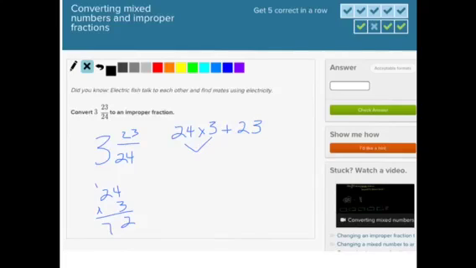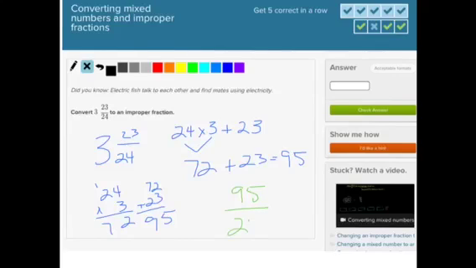That gives me 72. And then add 72 and 23: 5 and 9, 95, giving me a final answer of 95 24ths.